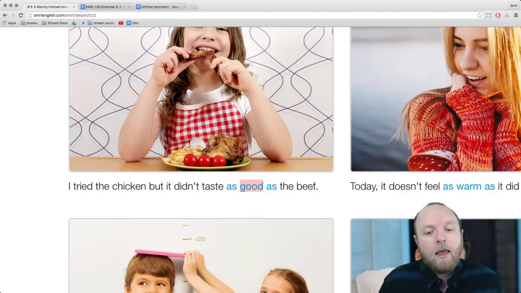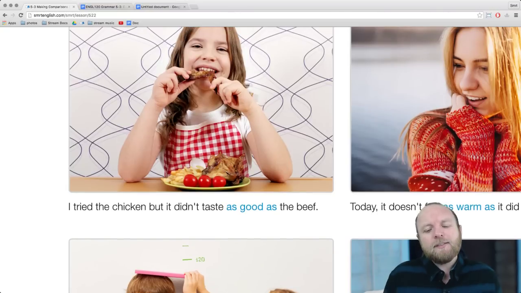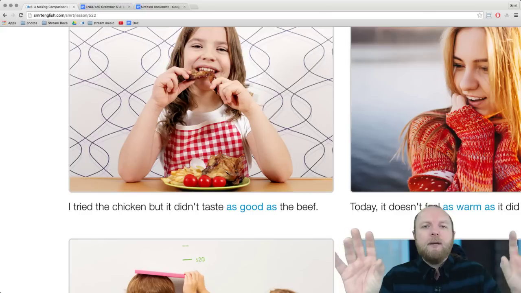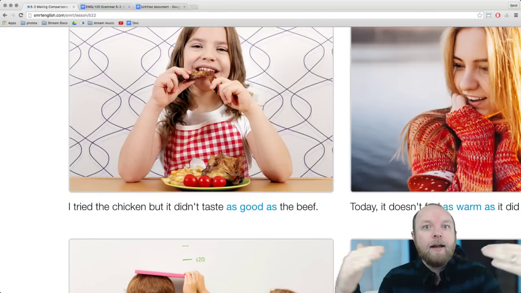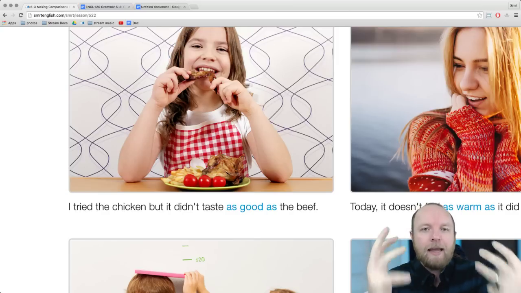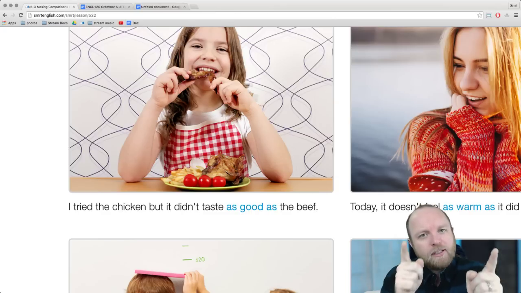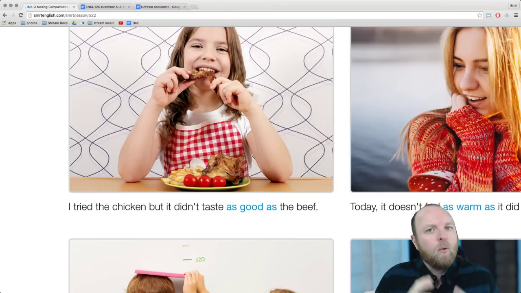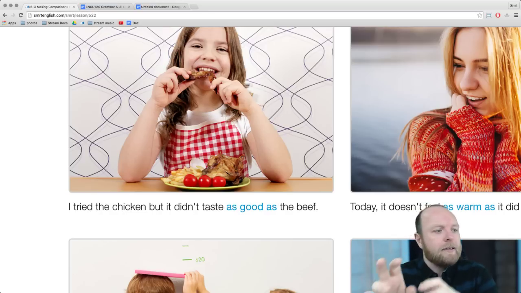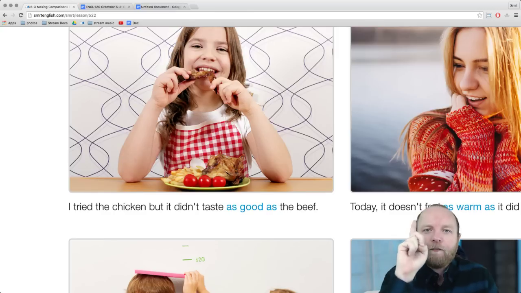Anyways, the chicken didn't taste as good as the beef. So what does this mean? Well, chicken, beef, taste good, not equal. It's not the same, right? So which one is more? Now this is very important. When you say "not as something as," the first one is less and the second one is more.